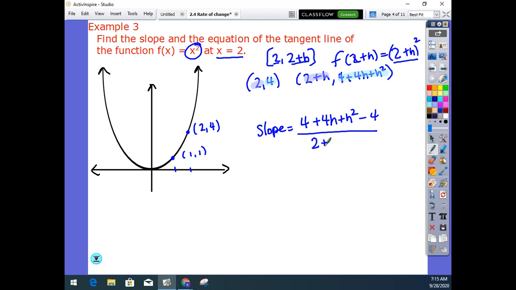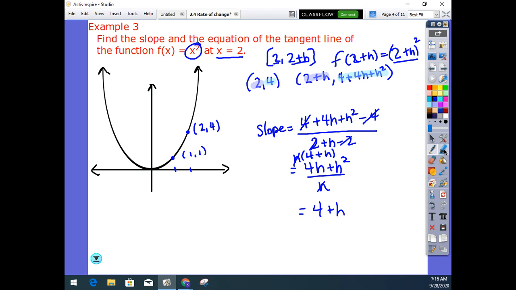This should start looking a little familiar. If you do this correctly, you're going to cancel out everything that does not have an h. Now, this is where you want to factor out h from the front. And then the h's cancel. And we're left with 4 plus h.